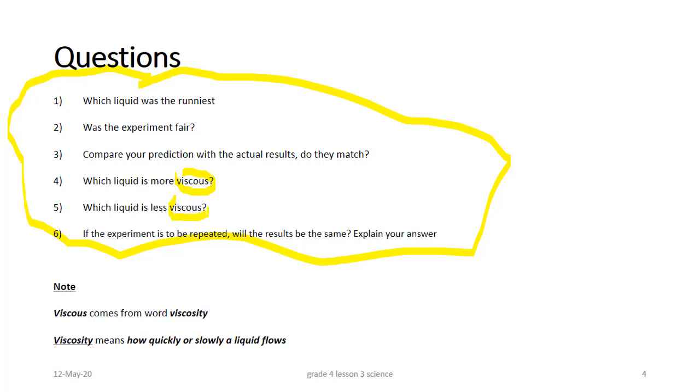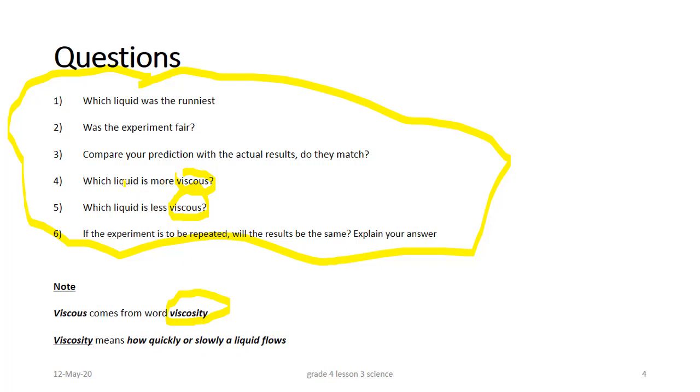I have given you the meaning of viscous. Viscous comes from the word viscosity. Viscosity means how quickly or slowly a liquid flows. So which liquid is more viscous?